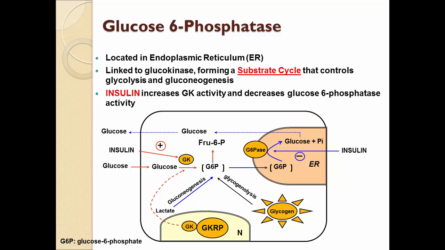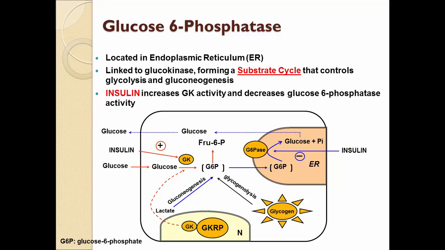Okay, so glucose 6-phosphatase is the key enzyme in the gluconeogenic pathway, right? It catalyzes the hydrolysis reaction from glucose 6-phosphate to glucose.